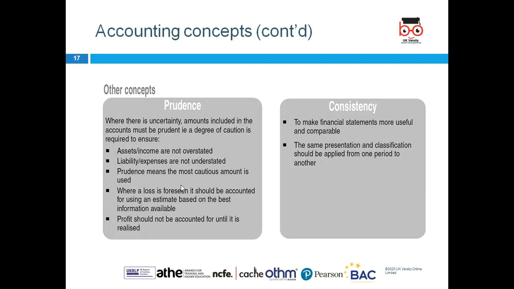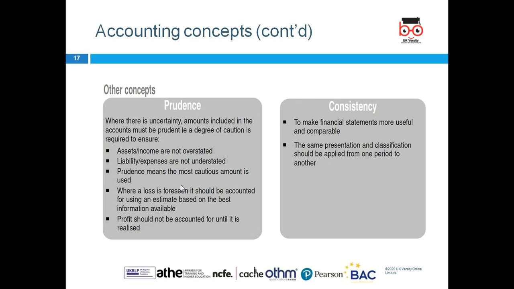Okay, prudence. Prudence is about uncertainty. The amount included in the accounts must be prudent. Assets and income should not be overstated. You may have heard about creative accounting. People overstate the figure: oh no, my property is worth 2 million, actually it is maybe less now.